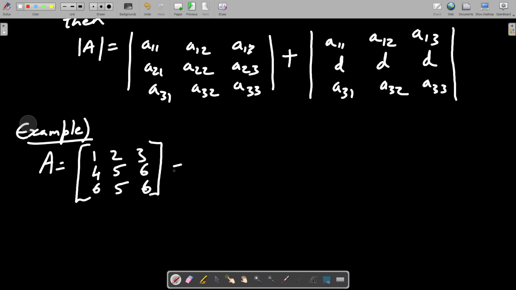Then you all can see that this matrix can be split like this: 1, 2, 3, 1 plus 3, 2 plus 3, and 3 plus 3, 6, 5, 6.